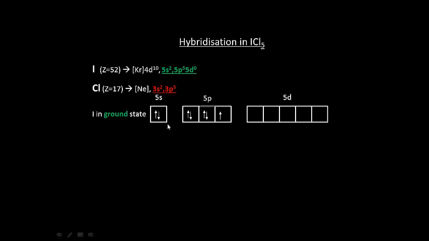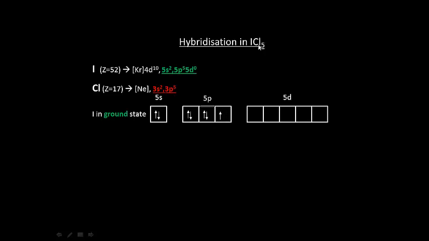There are 2 electrons in the 5s orbital, a total of 5 electrons in the 5p orbitals, and no electrons in the 5d orbitals. The electrons in the 5s orbital are paired, and in the 5p orbitals there are 2 pairs of electrons and 1 unpaired electron.